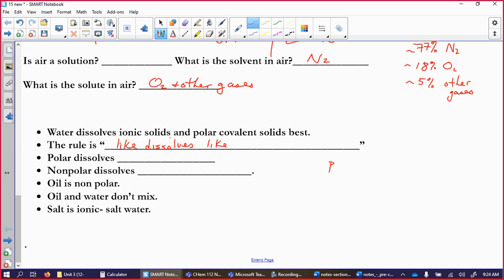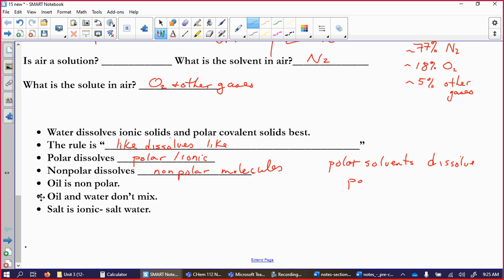So what that means is polar solvents dissolve polar and ionic substances, and nonpolar solvents dissolve nonpolar substances.